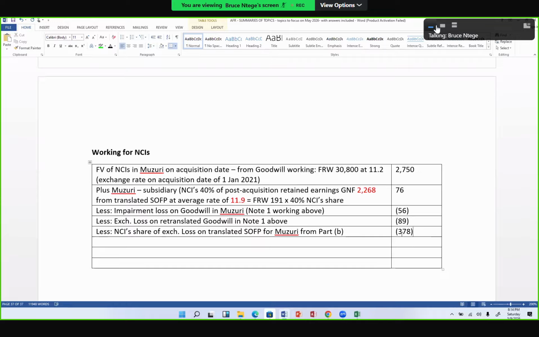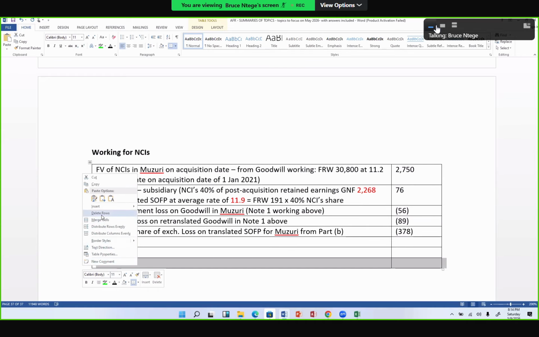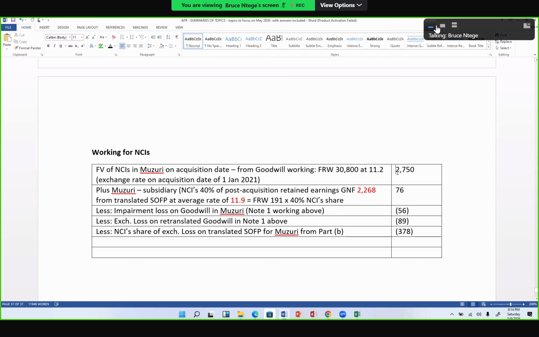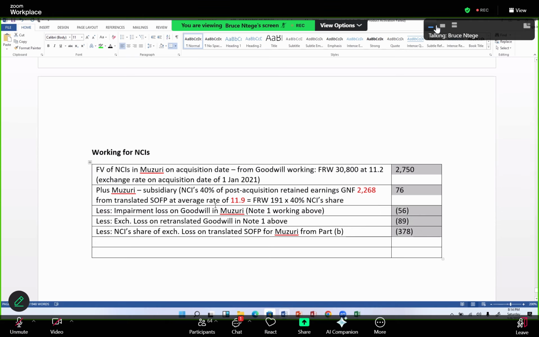So then I can now complete this working also. Let's complete this working and throw the figures up there. I'm going to rely on your calculators as well, just like mine. I'll start with the 2750, then plus 76, then minus 56, minus 89, then minus 378.